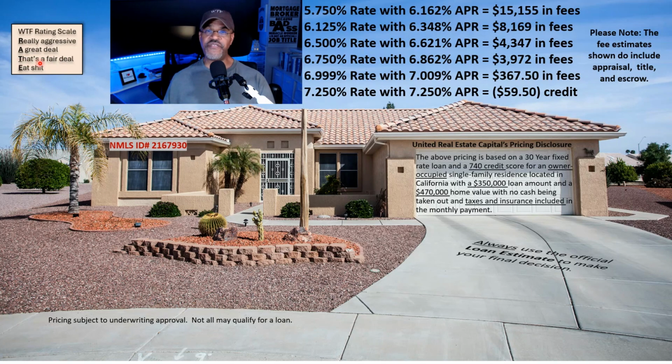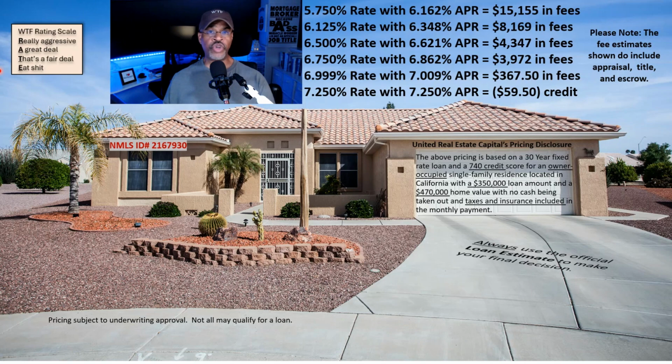That's still a fair deal. Okay, and if you see, for example, a rate of say 6.5 and the APR is much higher than this, well then tell them to eat shit. So this pricing here, this is up quite a bit higher from last week. Now, of course, that doesn't mean that it's not going to drop down, but pricing is quite a bit higher.